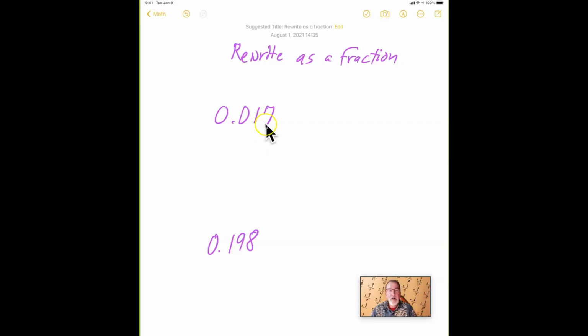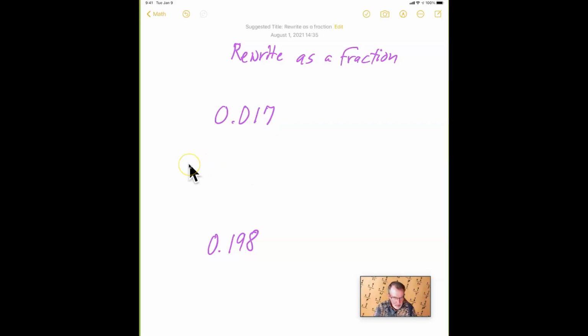So 0 and 17 thousandths. You could also leave off the leading 0 and just say 17 thousandths. So we read this number as 17, and the 7 is in the thousandths column.